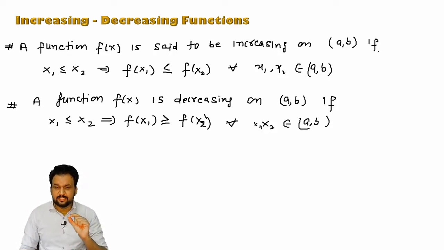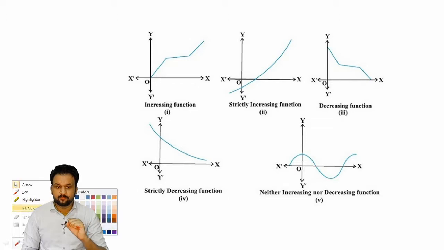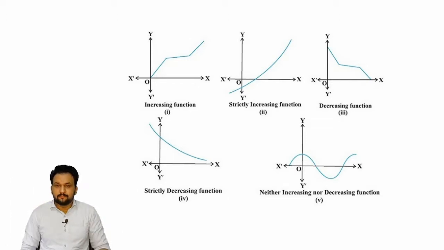So let's see more about the increasing and decreasing function with the help of some graphs. Now you can see some functions are normally increasing functions, some are normally decreasing functions, but here two more terms are involved: strictly increasing and strictly decreasing. Let's start with the first one.